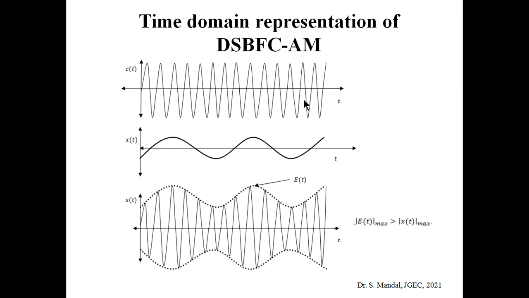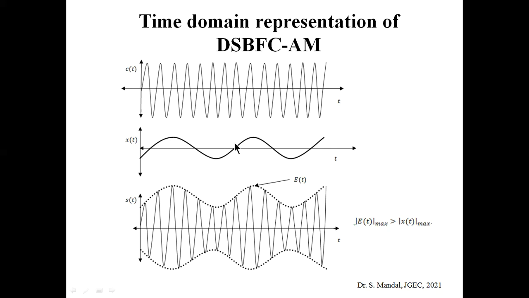Okay, so let's see the time domain representation of the DSBFC signal. Here you can see that this is c(t), that means A cos ω_c t. From here to here the maximum amplitude is A. Okay, as we are assuming continuous wave modulation, c(t) can be expressed as a continuous sinusoidal signal, and this is x(t).